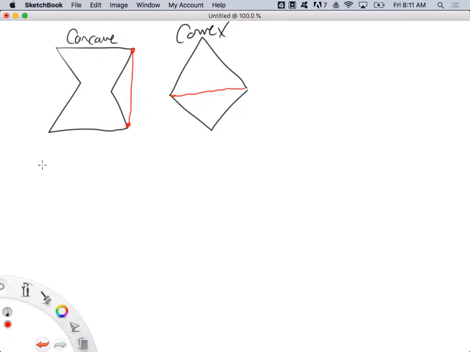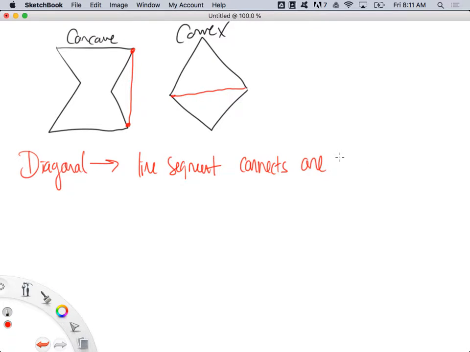And that gives us the first vocab word that I'm going to specifically define. Diagonal. A diagonal is a line segment that connects one non-consecutive vertex to another.